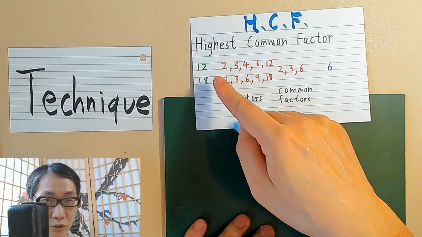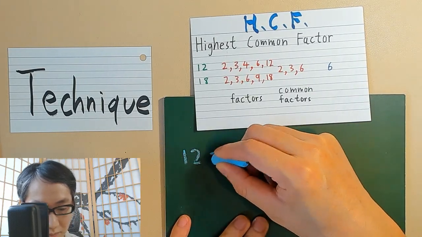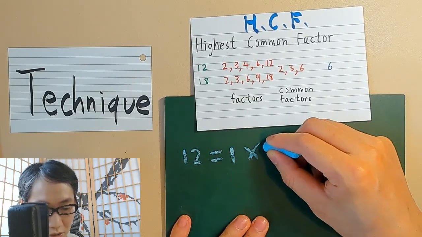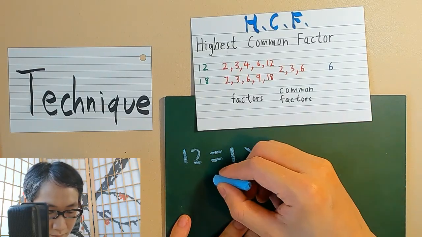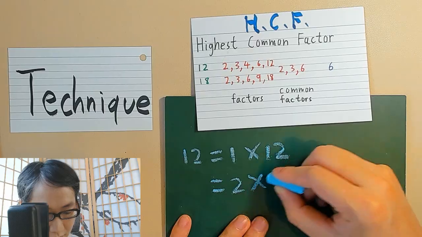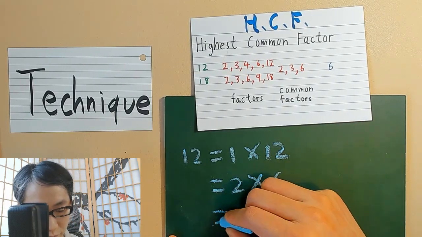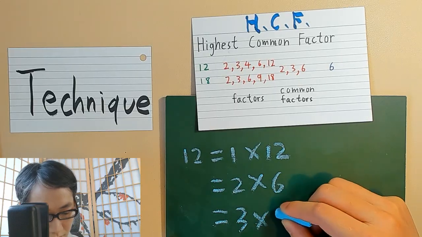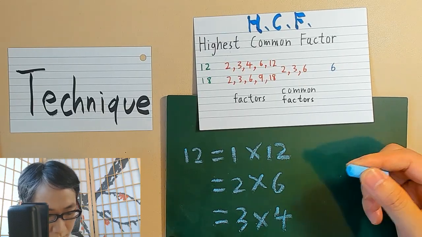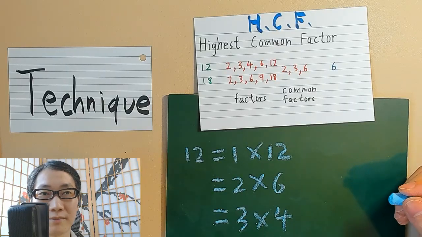For example, 12 could be expressed as 1 times 12. It can also be expressed as 2 times 6, and as 3 times 4. So all of these 6 are factors of 12.